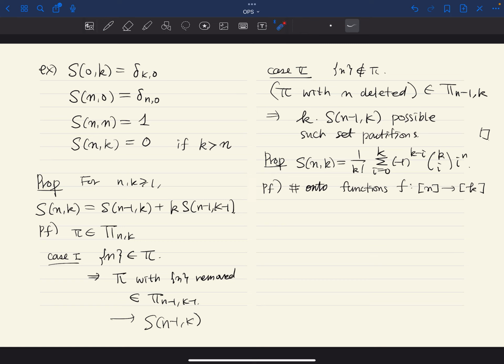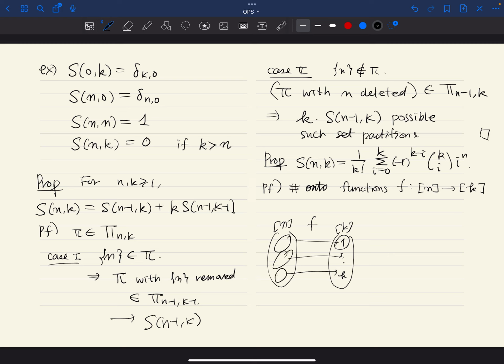That means you have n elements here and k elements here. Onto means it must hit 1, it must also hit 2, etc. So everything has its image, right? And the image must be a set partition of n.